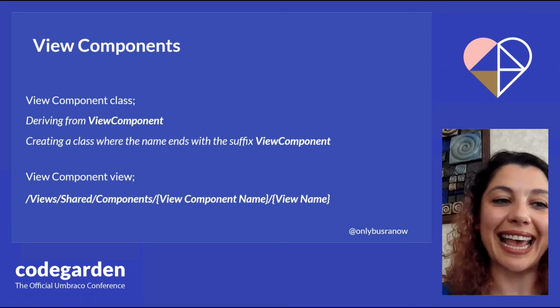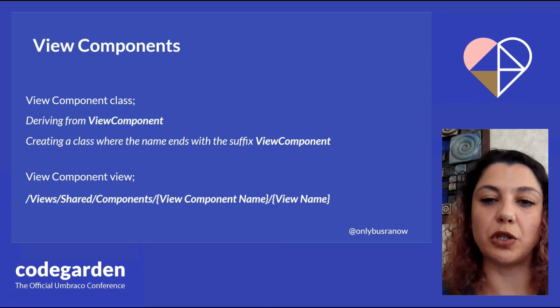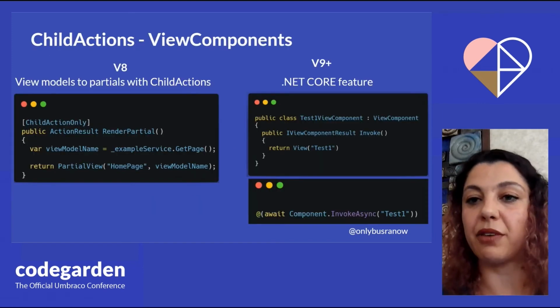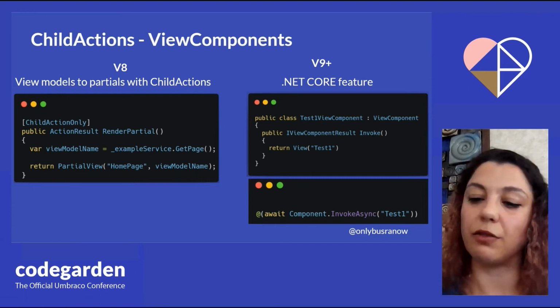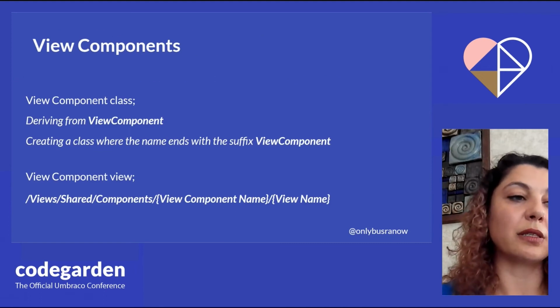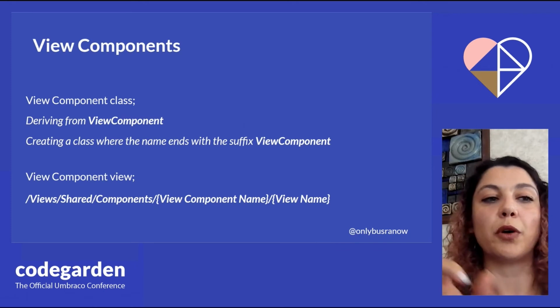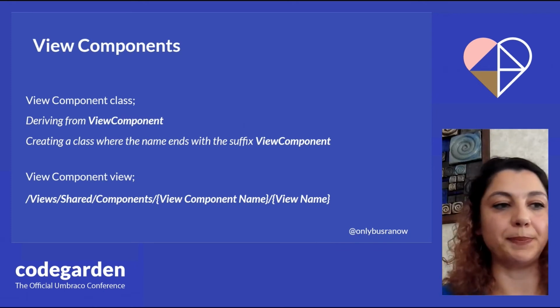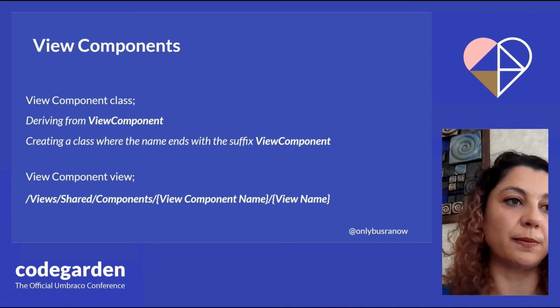The view component name is the class name with the ViewComponent suffix removed. So in this example, my view component's name is test1 only, not test1 view component. View components can also be explicitly specified using the ViewComponent attribute's Name property. It fully supports constructor dependency injection.